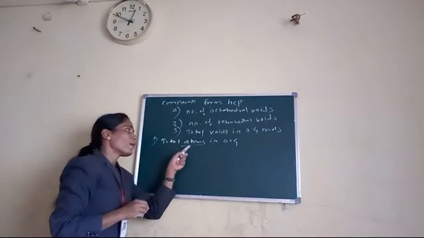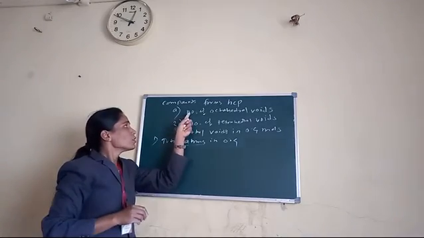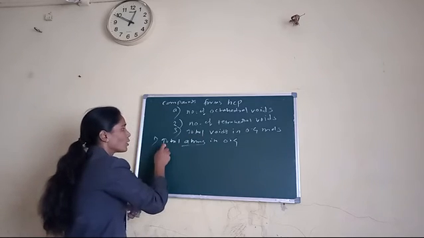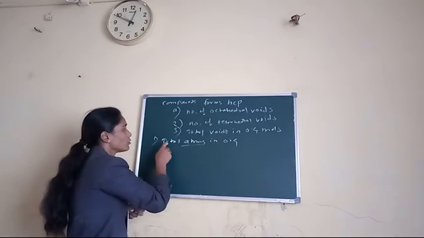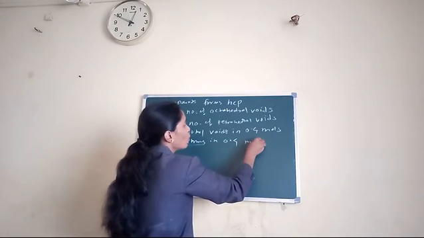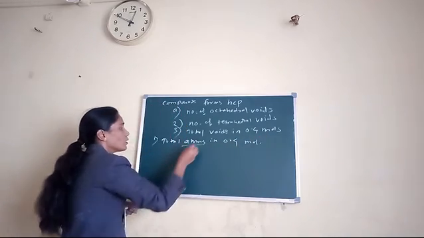From the total number of atoms, we can solve the number of octahedral and tetrahedral voids. Therefore, first we find the total atoms in 0.4 mole of substance.